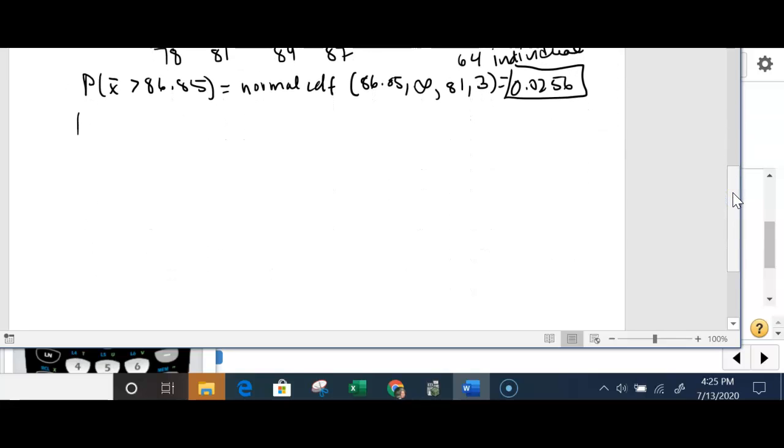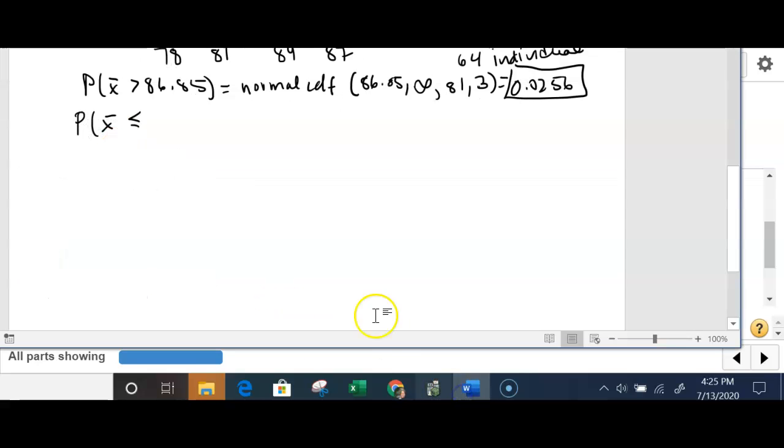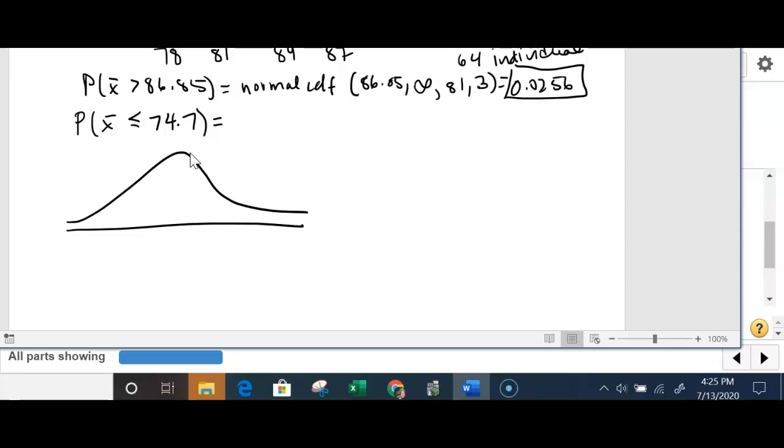asks for the probability that x bar is less than or equal to 74.7. So again, you have your distribution measuring x bar, we have a mean of 81.